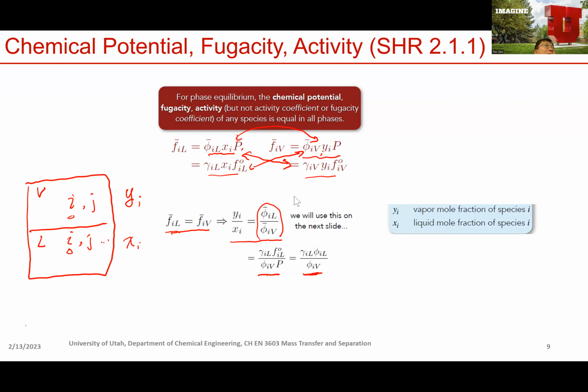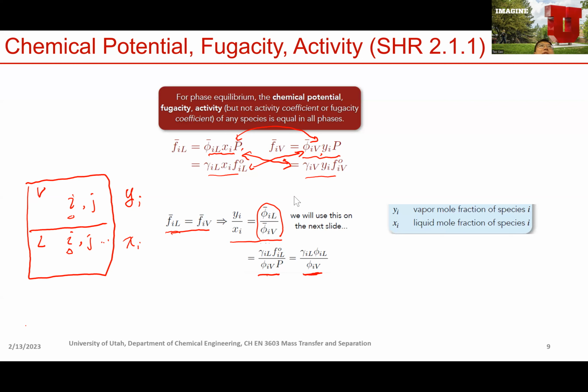At equilibrium, the temperature and the pressure of each phase are equal. In addition, the chemical potential of any species in each phase is equal. Okay, so that's the condition for equilibrium.